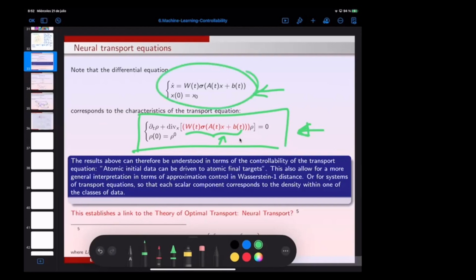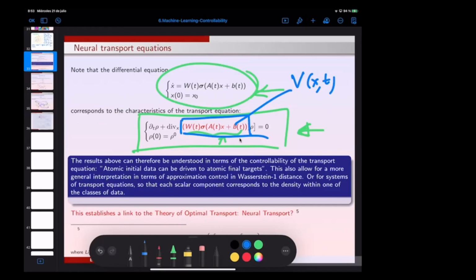But I will tell you something that the theory of optimal transport in principle doesn't say. Because here, what I'm telling you is that, listen, you don't need to use all possible velocity fields. It is sufficient for you to use velocity fields that have this very specific neural structure.